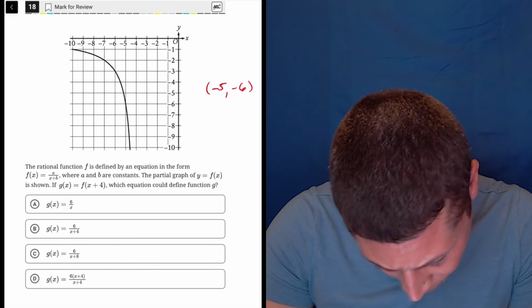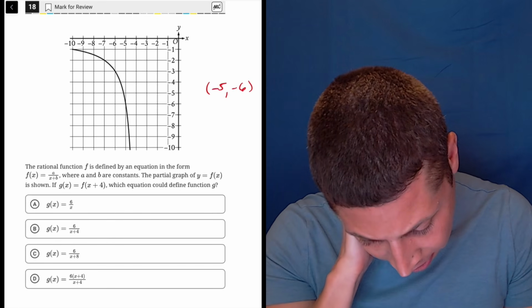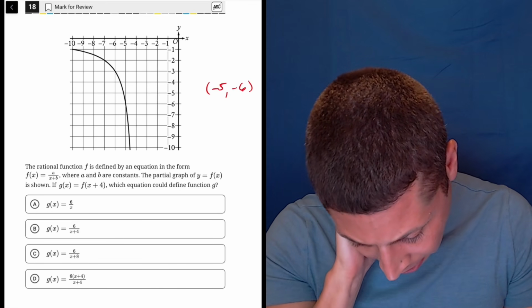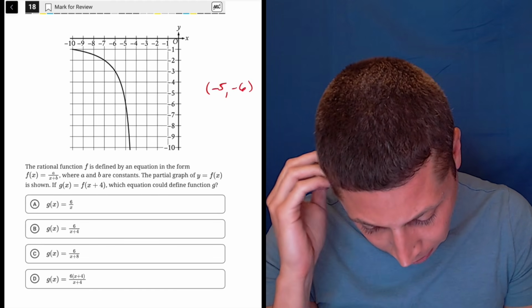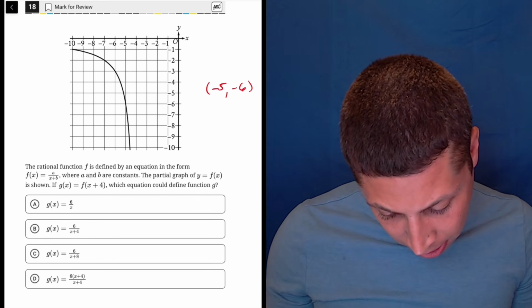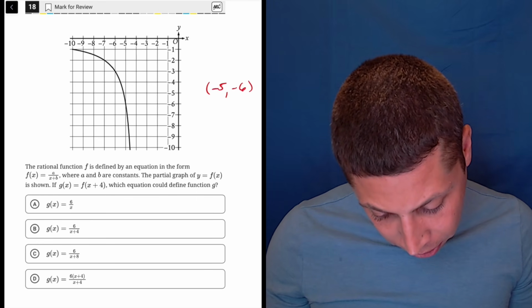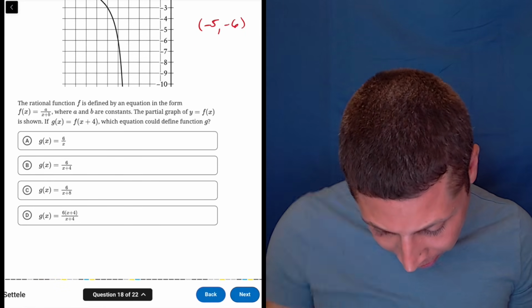F is defined by an equation in the form of a over x plus b, where a and b are constants. The partial graph is there. If g of x is equal to f of x plus 4, so it's going to shift it to the left. Which line could be a function? Well, can I just plug this in?